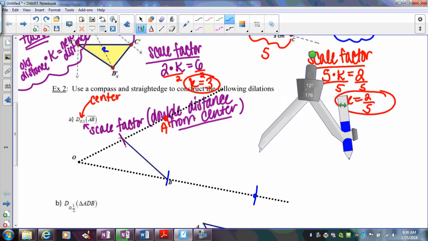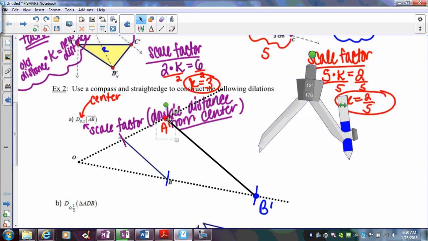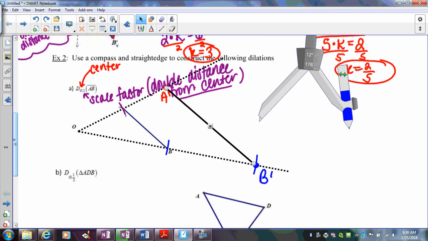So there's B prime, and then I take my straight edge and connect them, A prime to B prime, and that's it. There's your new segment. And you should see that these end up being parallel, and we'll talk more about those properties, but dilations preserve parallelism, so these lines will end up being parallel.